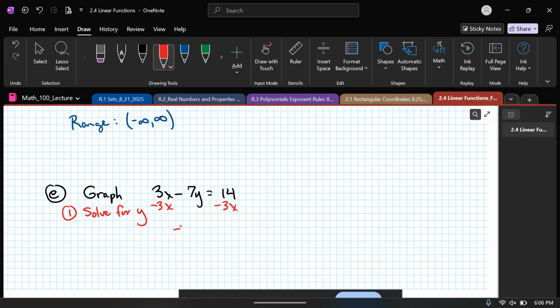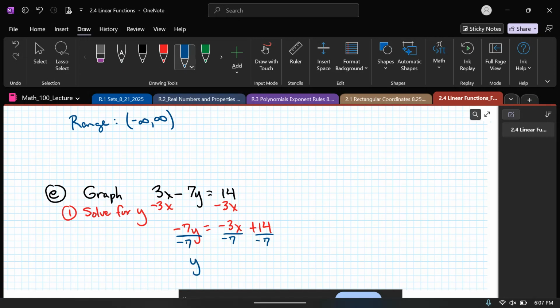And I'm going to write it in the right order this time, -3x plus 14. So put the x part in the front. If you want it in slope-intercept form, the x part goes in the front. So a little bit more picky on this section. Now, one more step gets y by itself, which is what we want. Dividing by -7. So everybody gets divided by -7.